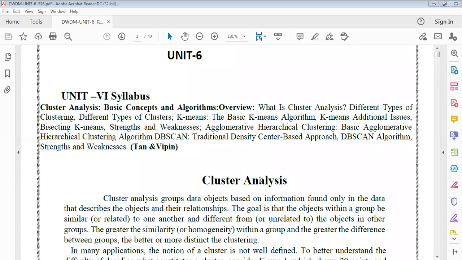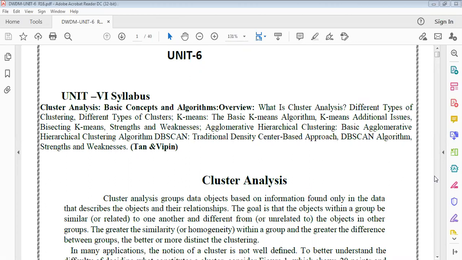So first, what is cluster analysis? Generally, the main goal of cluster analysis is grouping objects so that they are similar to one another and different from the objects in another group.